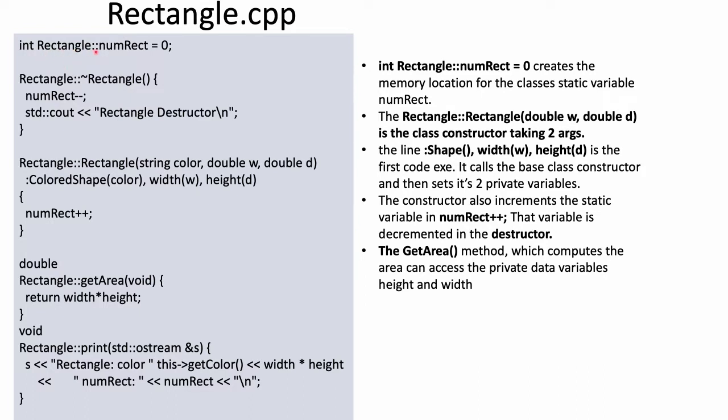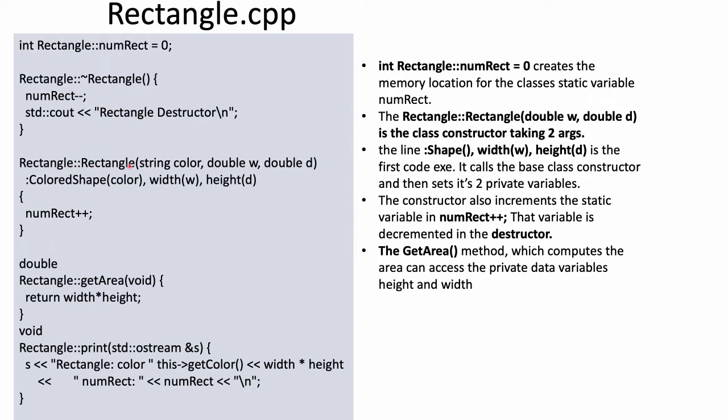We have the Rectangle double colon before the variable name, and we're assigning it equals to 0. This is our destructor for a rectangle. We are decrementing that static integer by 1 and spitting out a message. Again, we will see why I'm doing this when I run the program.